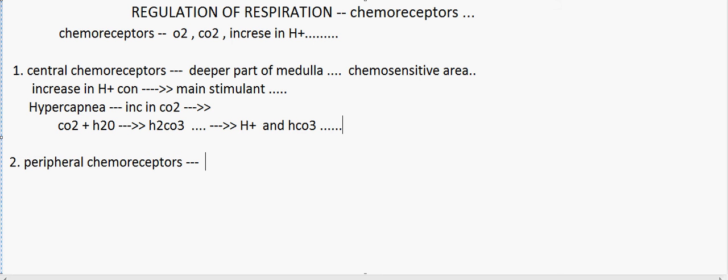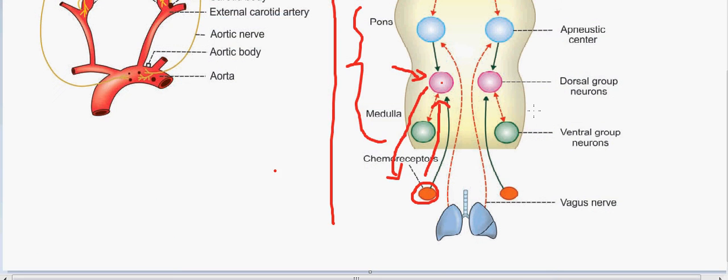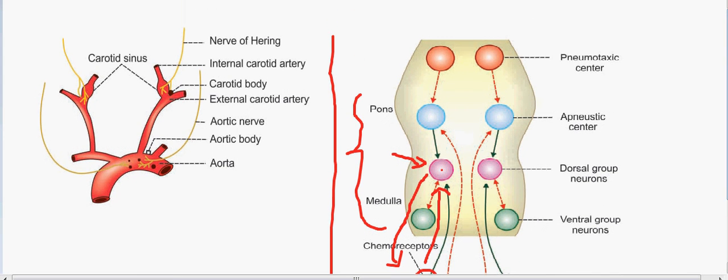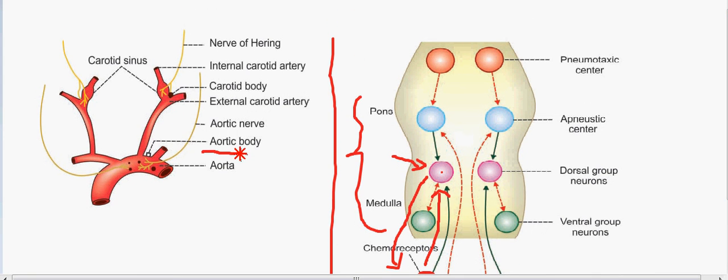So the peripheral chemoreceptors are present in the aortic body and the carotid body, just above the heart. So we see the presence of the peripheral chemoreceptors. We see the aortic body over here, just above the aorta, and next one is the carotid body, where there is branching of the external carotid and the internal carotid artery.